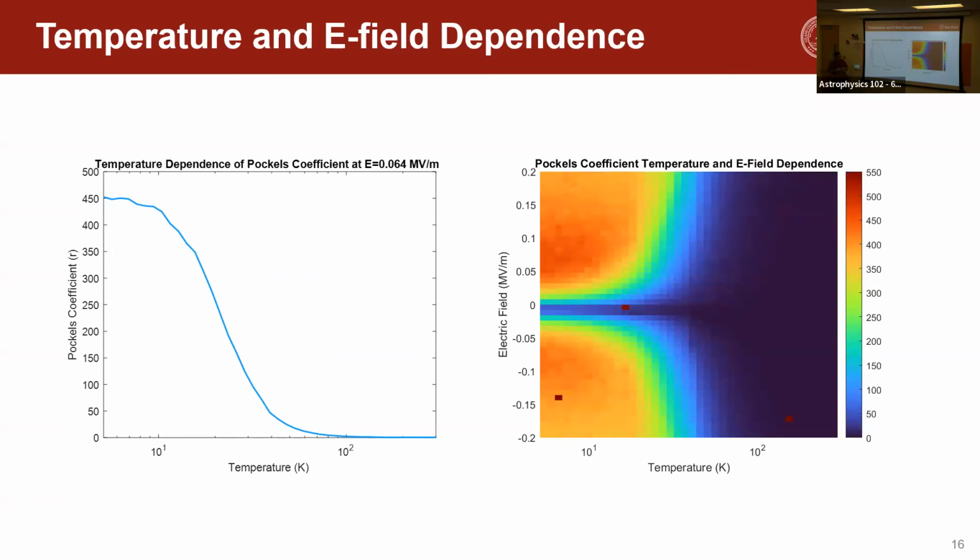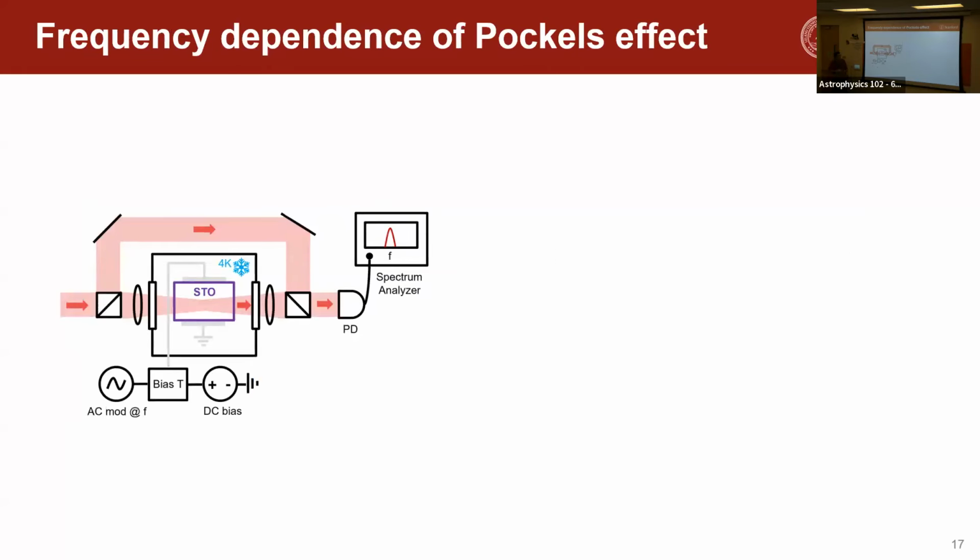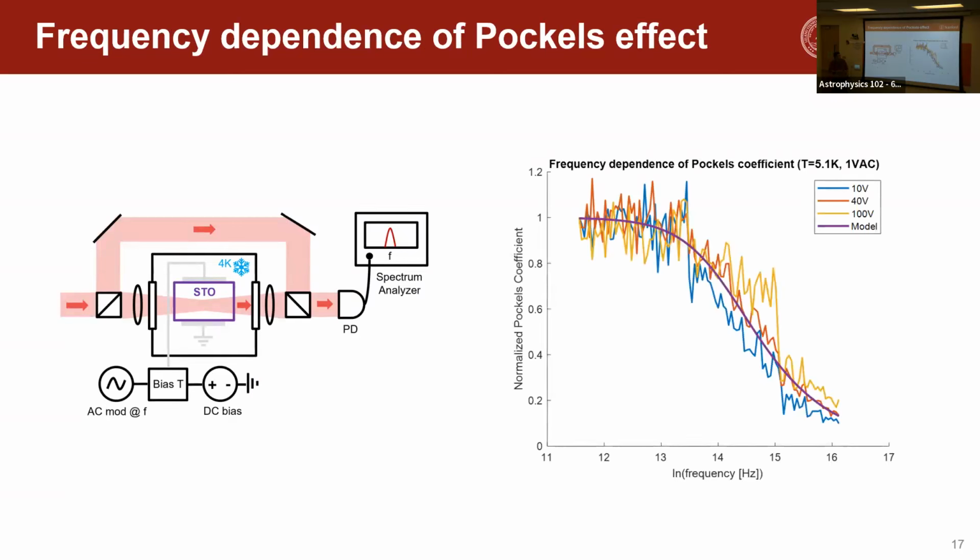And then, of course, these electro-optic properties are also linked very closely with other properties of the material system itself. So then we started first looking at the frequency dependence of the Pockels effect, and we see that there is a decrease in our Pockels coefficient that's actually not due to any material properties itself, but can be very easily modeled by looking at what the maximum voltage across this large capacitor is as a function of frequency.